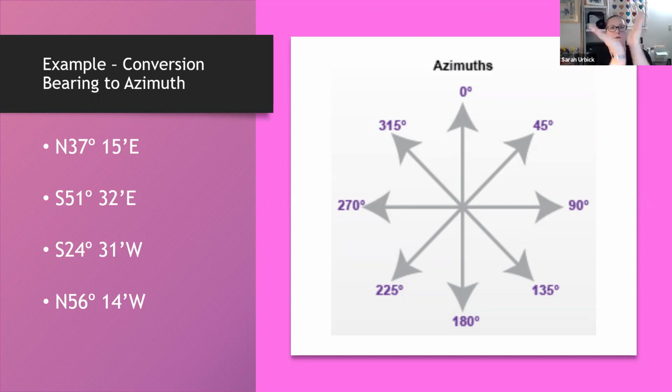Up in that first quadrant, that's keeping things pretty simple for us, right? Up until 90 degrees. Once we get a bearing that's outside of that initial 90, then we've got to start doing a little bit more math. So let's look at the second one, for example. 37 degrees, 15 minutes. The second one, we're down in that southeast quadrant, but we're measuring off that south line.